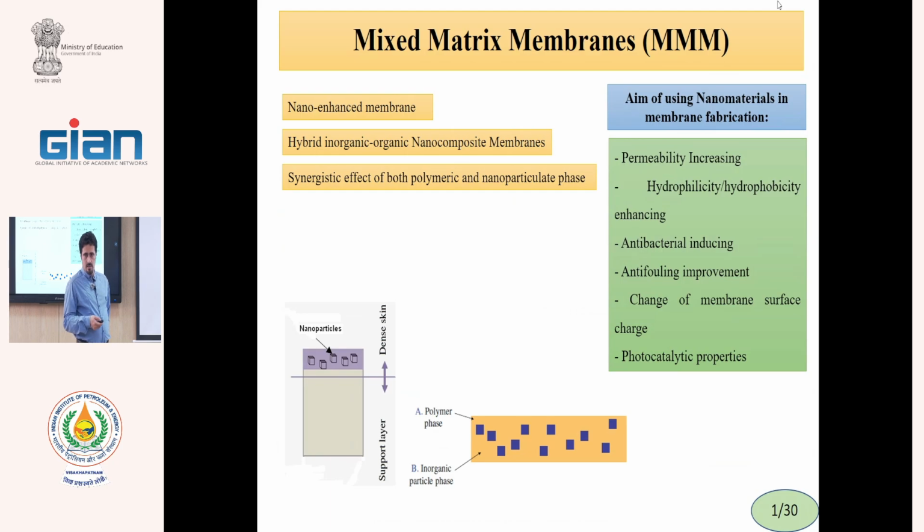Or we have a catalytic membrane: we can coat a catalyst that can change one molecule to another molecule. This membrane acts at the same time as a separation layer and as a catalyst layer, with other properties as well.